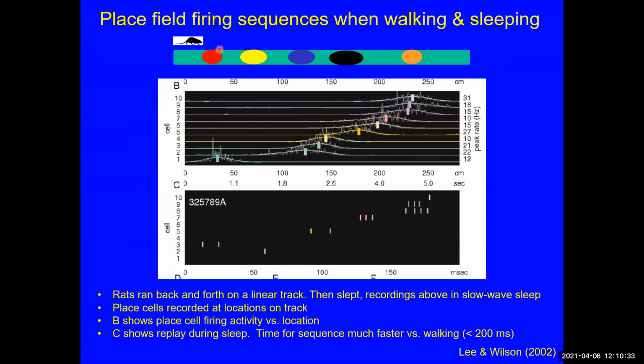So you'd have this cell fires, this cell fires, this cell, this cell, this cell. You've got a behavioral sequence going from left to right, and you've got a neural response. The place fields overlap to some degree. They oftentimes smoosh over each other.